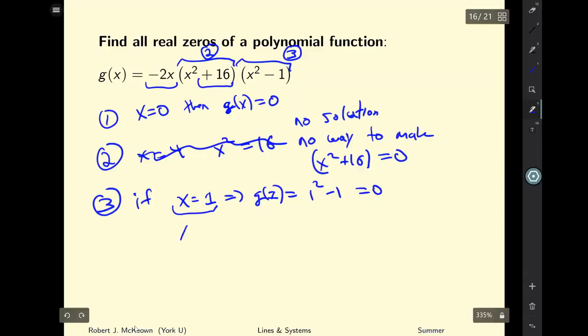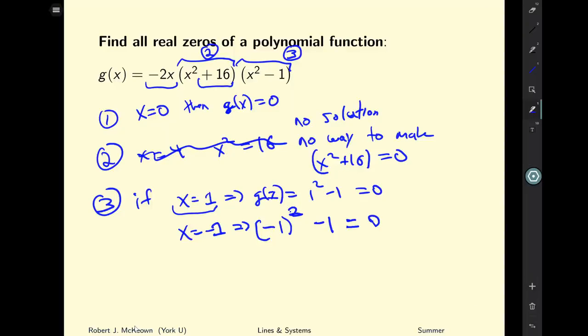Well, what if x was equal to negative 1? Negative 1 squared minus 1 is equal to 0 as well.